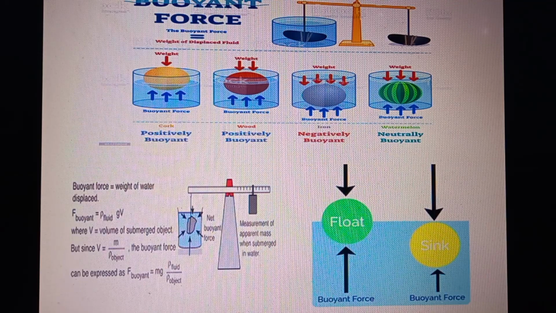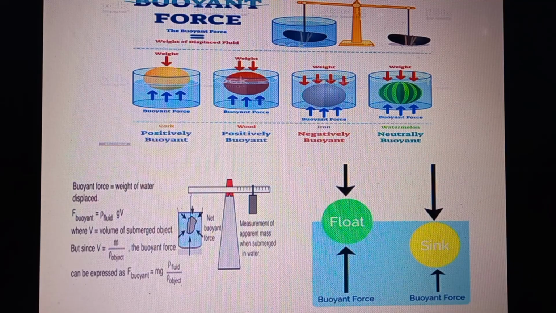Now let us move to buoyant force. The buoyant force is described by the weight of displaced fluid. This component of buoyant force might also be determined as positive buoyancy, negative buoyancy, and neutral buoyancy.